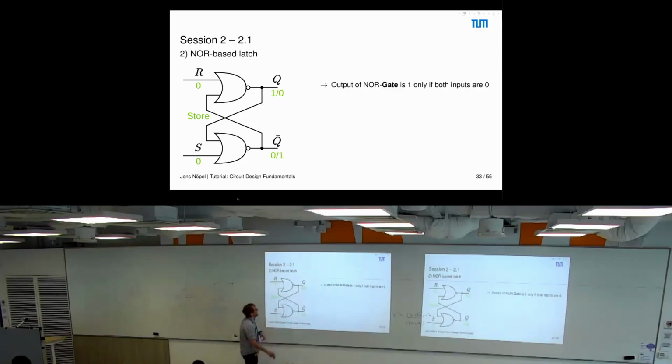And if we do the same thing on the R side, we reset the value, and Q actually becomes 0.